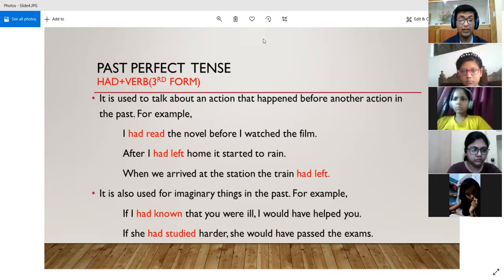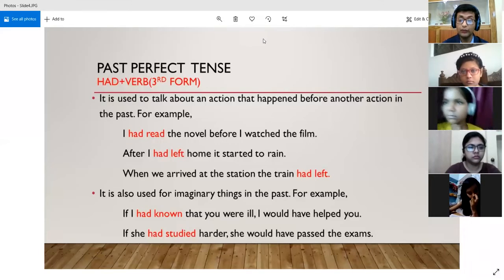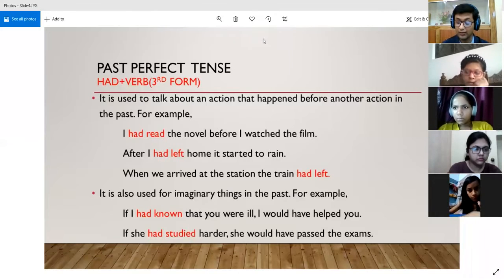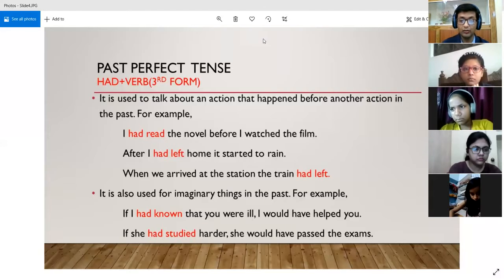Then in the second example, if she had studied harder, she would have passed the exams. In this case also, we are imagining a situation that if she had studied harder; she actually did not study hard. So we are just imagining that if she had studied harder, she would have passed the exams.